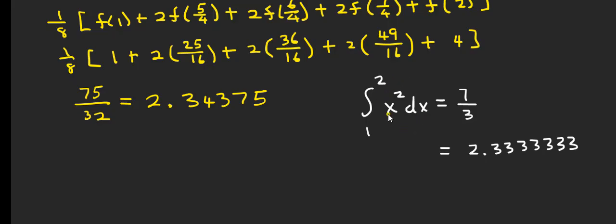Now our actual value is 7 over 3, which is 2.333333, and our approximation is not that far off from the actual value. Again, if you want to get closer to the actual value, you need to increase the value of n, the number of trapezoids.